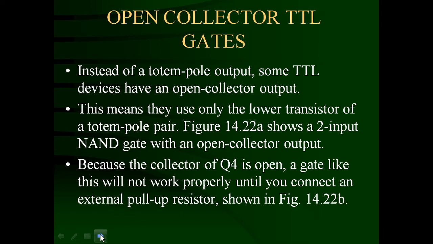Figure 14.22a shows a two-input NAND gate with open collector output. Because the collector of Q4 is open, a gate like this will not work properly until you connect an external pull-up resistor, shown in figure 14.22b.